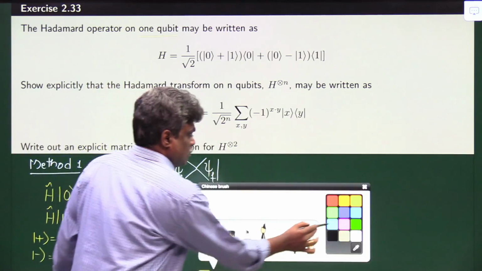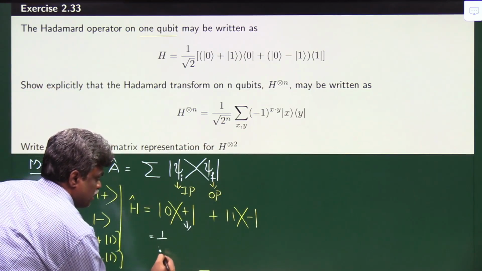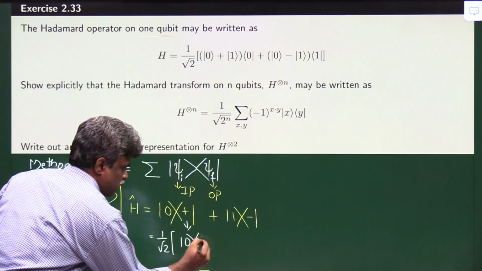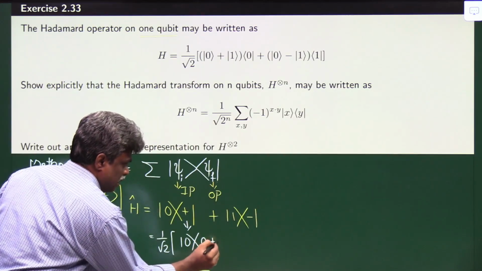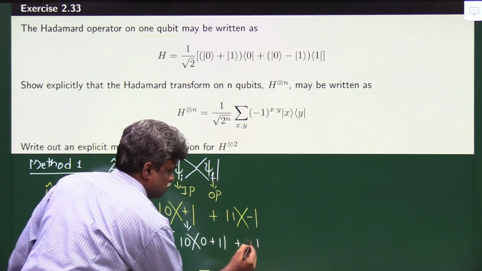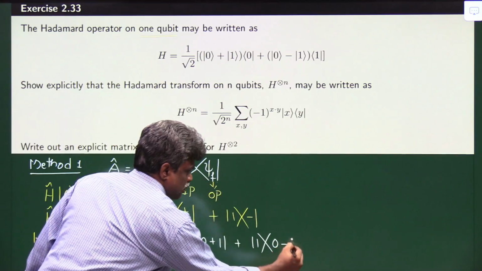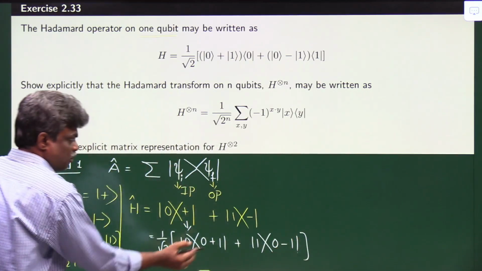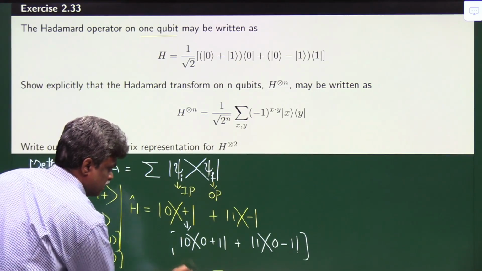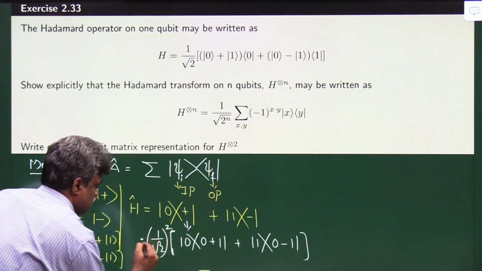Now I am going to substitute this plus, which is 1 by root 2 times 0 plus 1 here. And plus 1 here, and here this is the bra vector of minus, that is 0 minus 1, and here 1 by root 2, so we take 1 by root 2 whole squared.